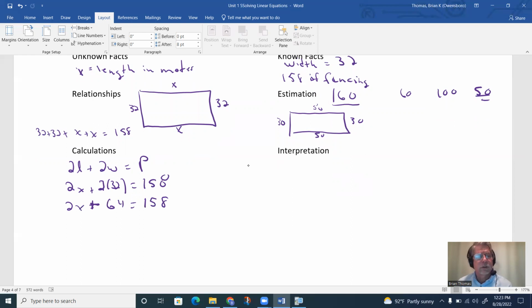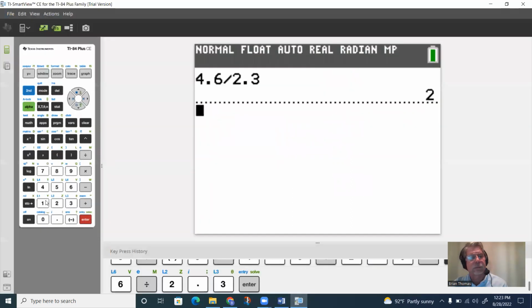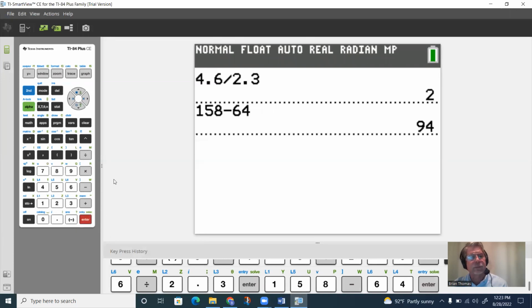Then, to solve this equation for X, we have to lose the 64. We get rid of the constant by putting a negative 64 here and a negative 64 there, in other words, subtracting it. I'm going to let the calculator do that: 158 take away 64 is going to give me 94.